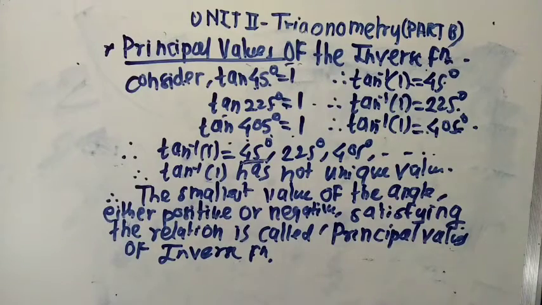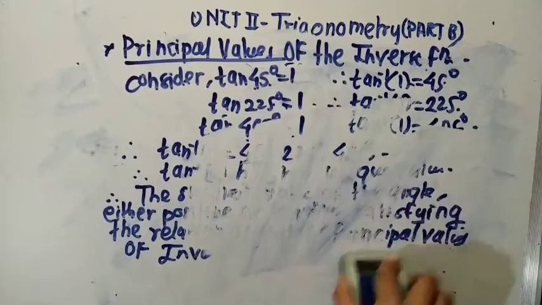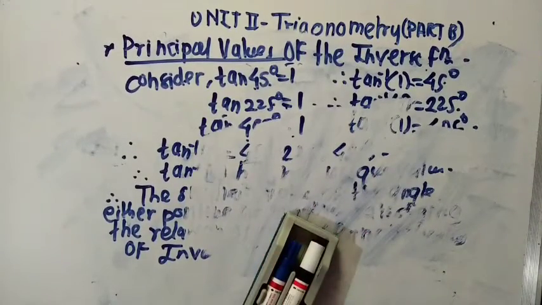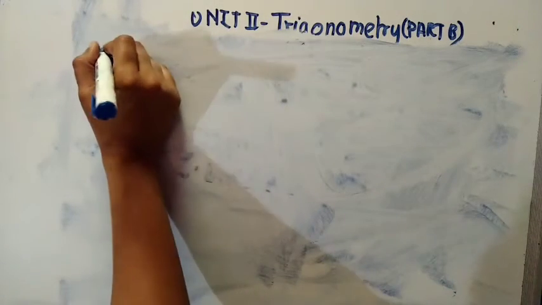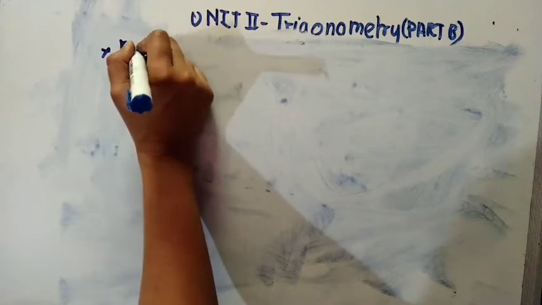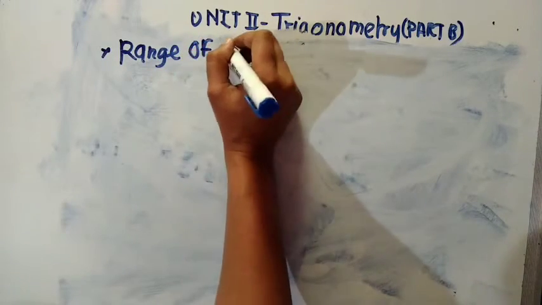Then we give the next point. Hence the next point is range of principal values.